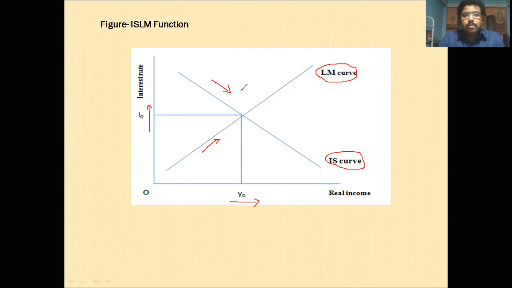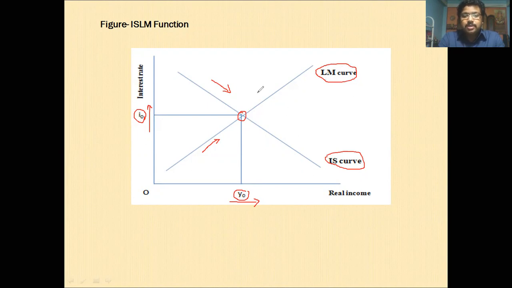So the intersection of both curves, this point, is nothing but a combination of real income y0 and interest rate I0, which makes equilibrium in the goods market as well as in the money market.